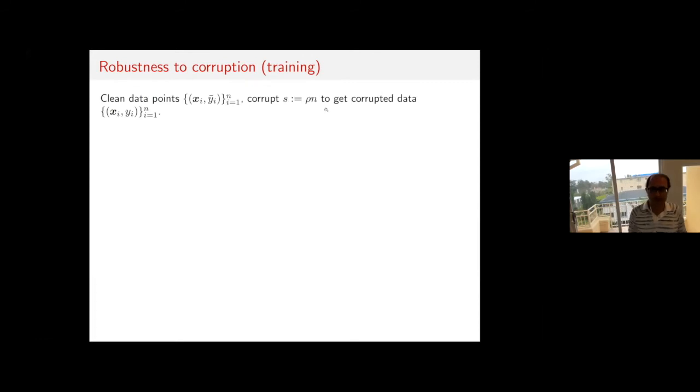The way it does this is by assigning an arbitrary other label: because there are K classes, it assigns arbitrarily one of the other K classes. There's also some balancedness condition: the adversary is not allowed to corrupt labels from just one class. But other than that, there are no other assumptions on the power of the adversary.